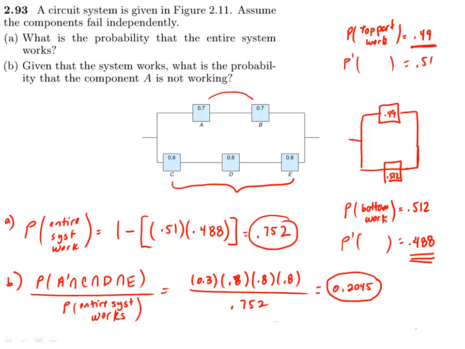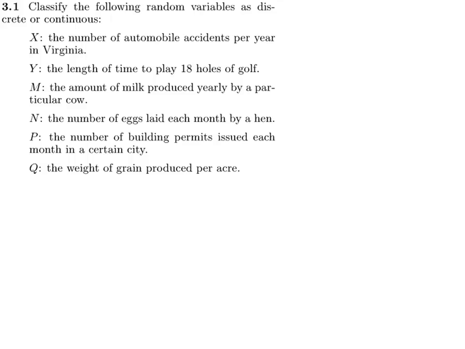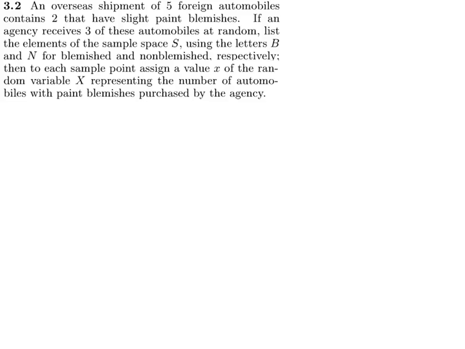These are simpler questions. Right here, the task is to classify the following random variables as discrete or continuous. I think that's pretty easy, so I'm not going to go over that unless you have a specific question about that problem. 3.2 is to basically define a random variable based on the sample space and give it a numerical representation.